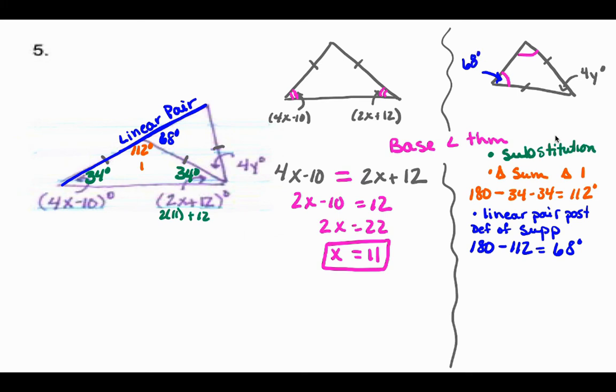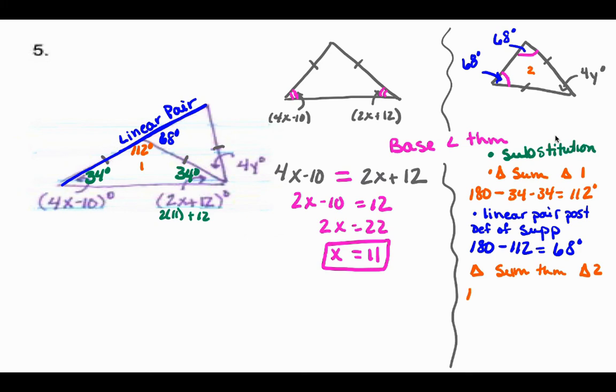And because of our base angles theorem, there are actually two 68-degree angles in this triangle. And now that we have a measurement in all three of the angles, we can now go to our second triangle and do our triangle sum theorem for the triangle 2.